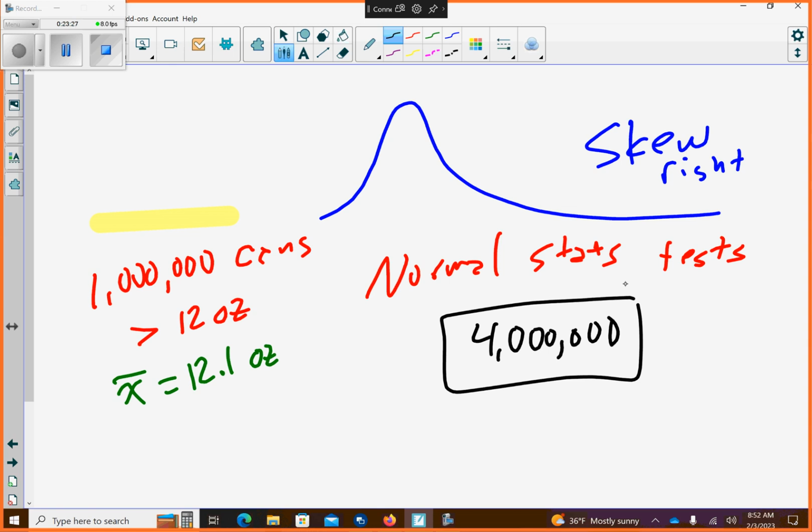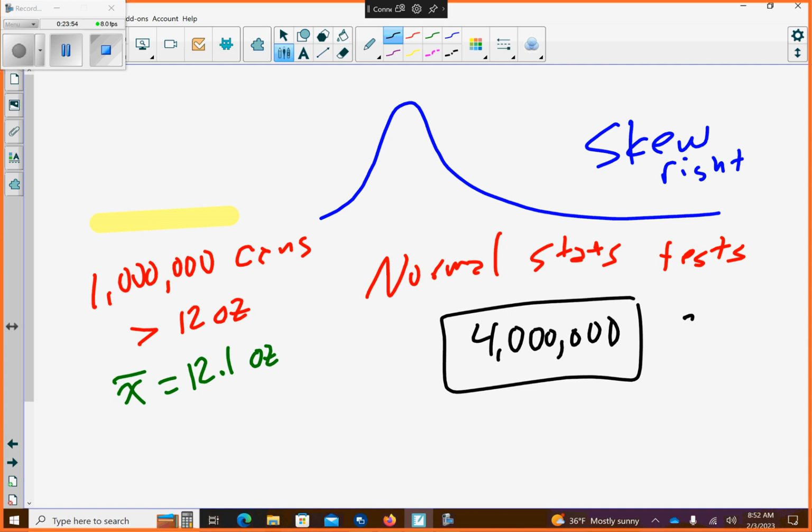So the CEOs are like, you say 30 or more cans? So how many cans should we select? Well, it works if you choose 30 or more. Should we do 1 million cans? Well, no, sir. If you choose 30 or more cans, 30 to whatever number you want, but 30 is the baseline.